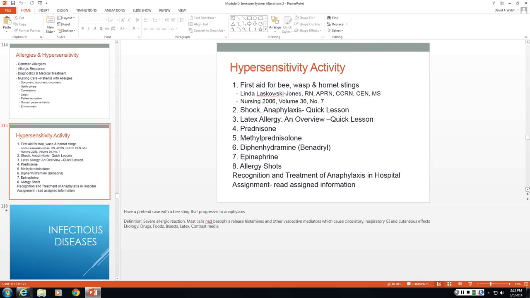You need to know how to deal with shock and anaphylaxis. You need to know how to deal with latex allergy, how prednisone and methylprednisone work, and Benadryl. All those things you need to know about. You need to know how those affect any kind of allergic reaction that a patient might have.